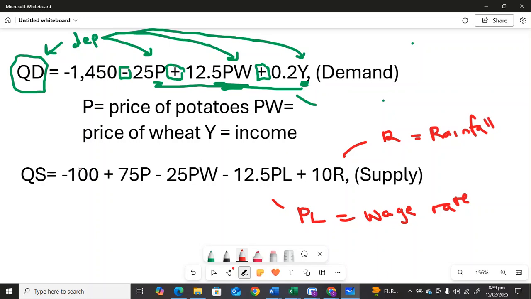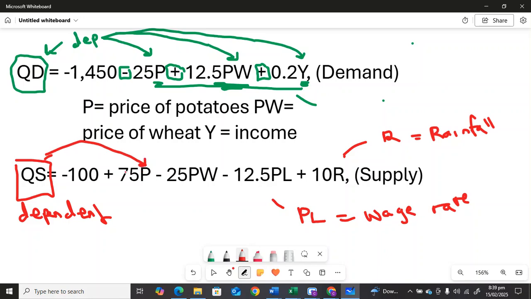So in our supply function, our dependent variable is the quantity supplied of potatoes. That's the dependent variable. And what is it dependent on? It's dependent on the price of potatoes.